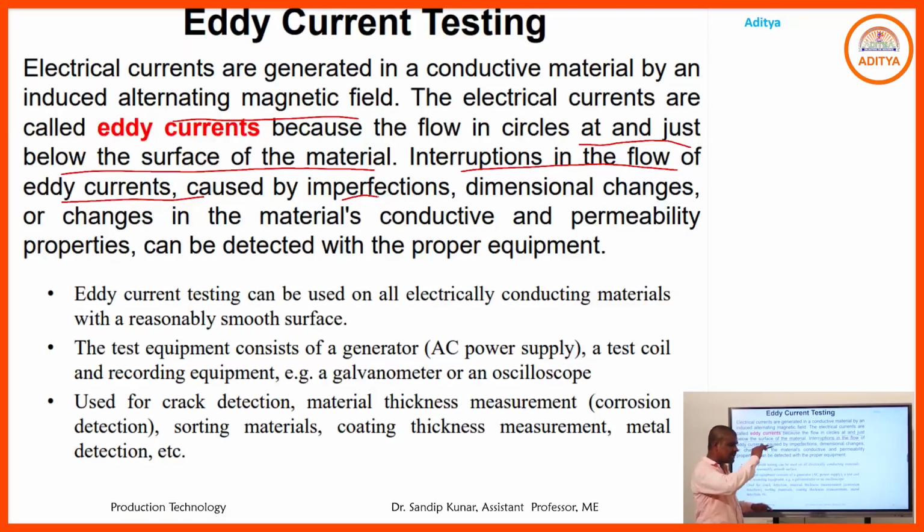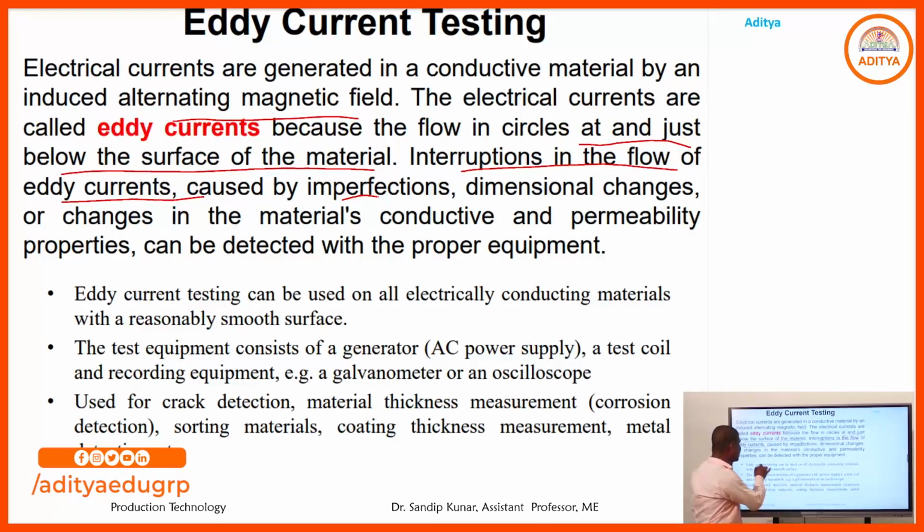Normal electromagnetic lines will be created in a proper welding joint, but if any defect is present, those electromagnetic lines will be deflected. Based on the deflection of the electromagnetic lines, we decide that defects are present in that particular weld joint.